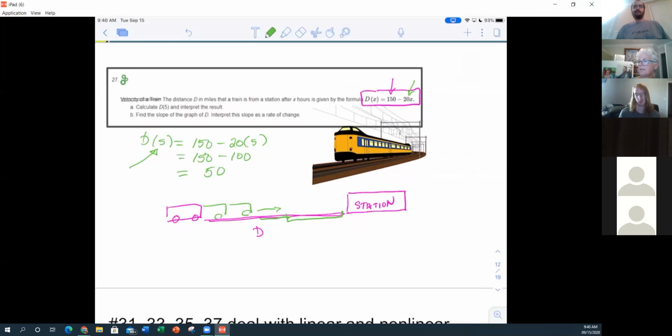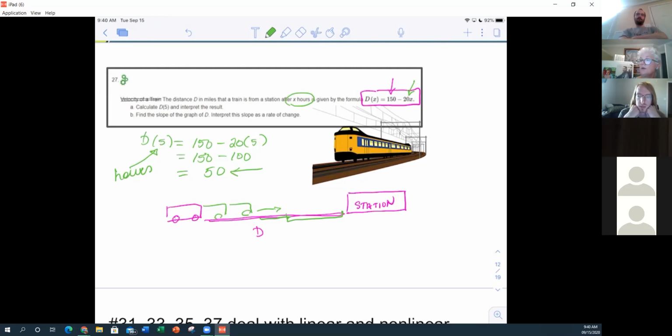So this is what's happening. The train is approaching the station, getting closer and closer. They're asking you to calculate d of 5 and interpret the results. So 5 is the X, which is our hours, right? And this 50, what is that? The remaining distance.